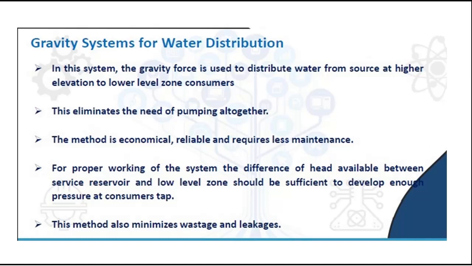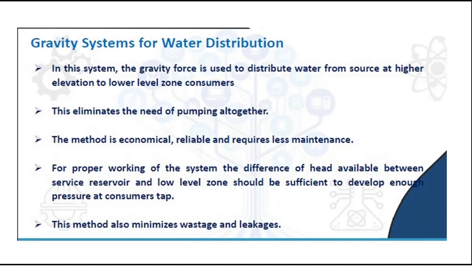Very important. I would like to recall one chapter in fluid mechanics. In fluid mechanics, HGL and TEL you have studied. Total energy line, hydraulic gradient line. By using HGL and TEL, you need to take care of pressure through the distribution system.